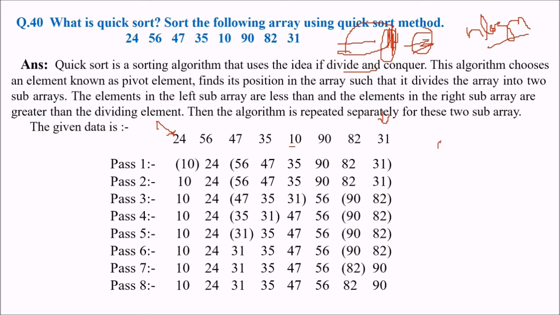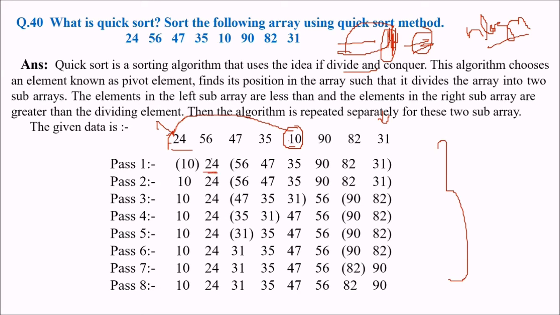But we'll just give you a hint or an exemplification of how it is done. See, first the element here, we see that the best position of 10 is here. So we insert 10 here, and all other elements we shift.